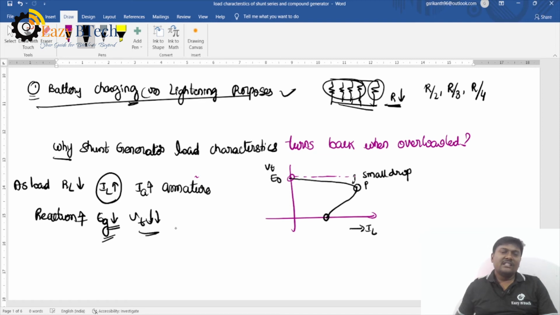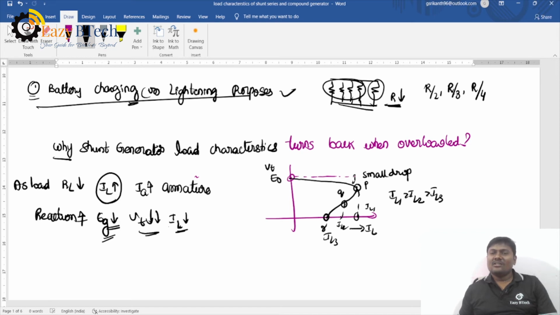If Vt decreases, our load current IL also decreases to this position, and these points are P, Q and R. If you project on the x-axis, this is load current 1 and this one is load current 2. So IL1 is greater than IL2, and this is IL3. So the generator is overloaded.